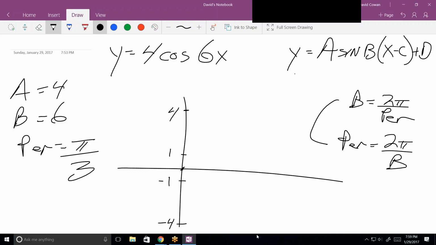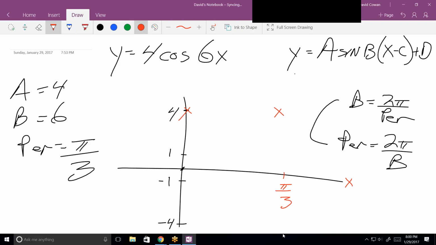Okay, so I will start with the red curve. That's my starting spot right there. What's my ending spot over there? In other words, what's that point on the x-axis? Pi over 3. Okay, good.